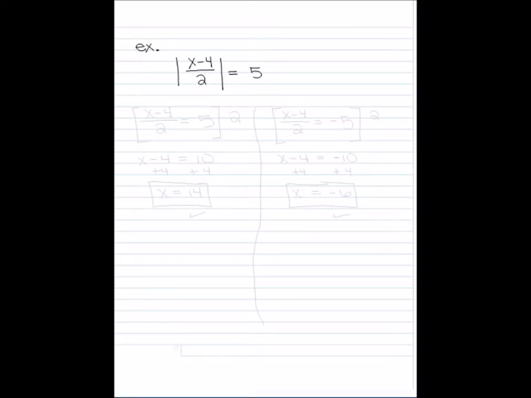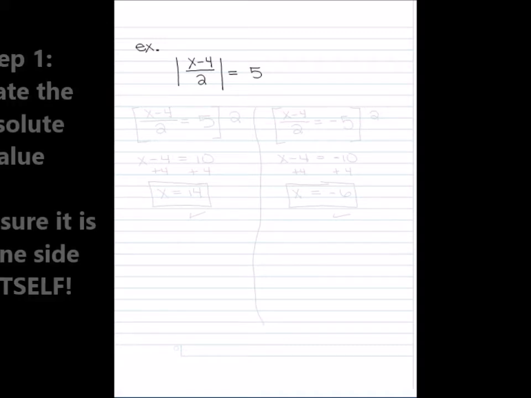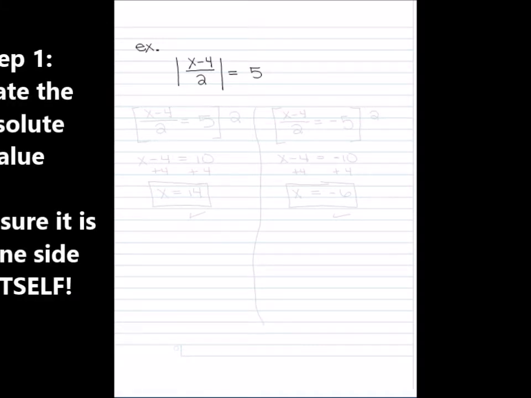Okay, your first example here. When you're dealing with absolute value equations, the first thing you want to do is make sure that your absolute value is on one side by itself. You want to make sure that the absolute value is isolated. In this example, the absolute value is on one side by itself, so there's no need to worry about the first step.